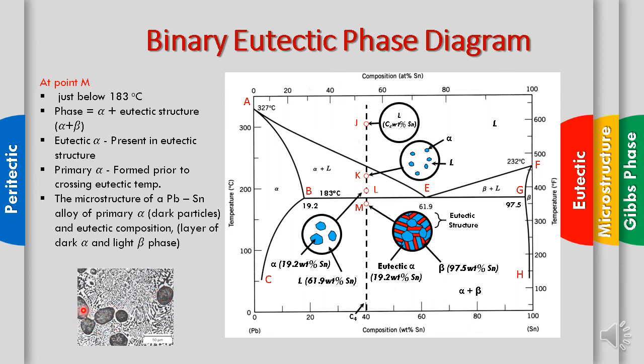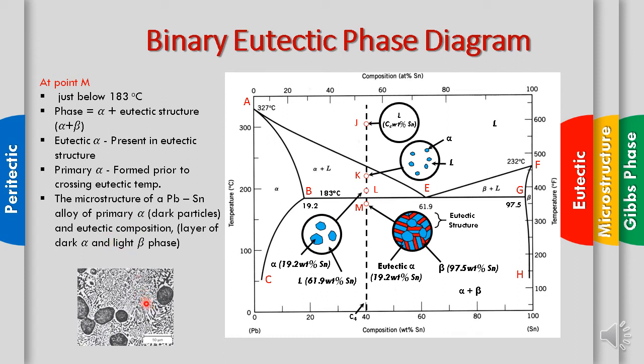And also we can see the zebra stripe, which has dark color and light color. The dark color is basically the primary alpha here, and the light color is basically the beta.